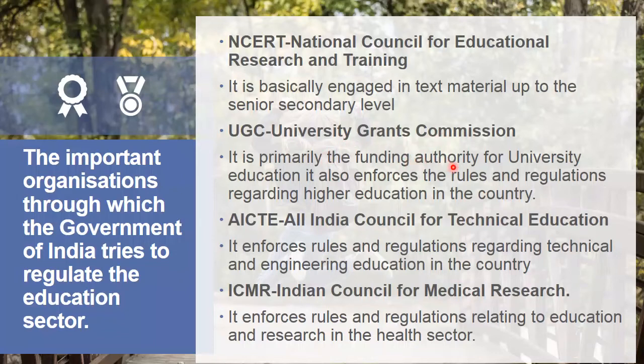Then we have the UGC, the University Grants Commission. This organization is primarily the funding authority for university education. It also enforces the rules and regulations regarding higher education in the country.